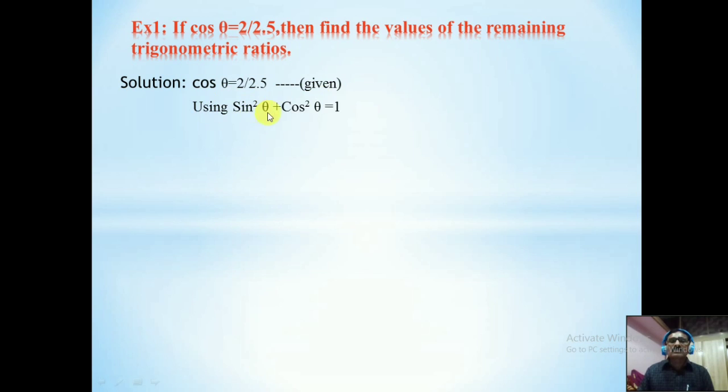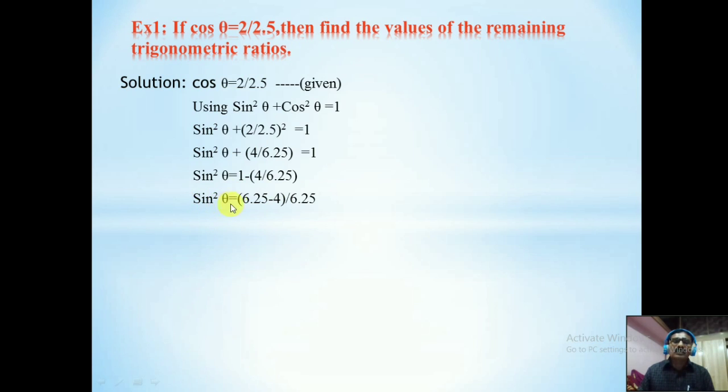Using sin square theta plus cos square theta is equal to 1, we get sin square theta plus (2 upon 2.5) whole square is equal to 1. Therefore, we get sin square theta plus 4 upon 6.25 is equal to 1. Sin square theta is equal to 1 minus 4 upon 6.25.